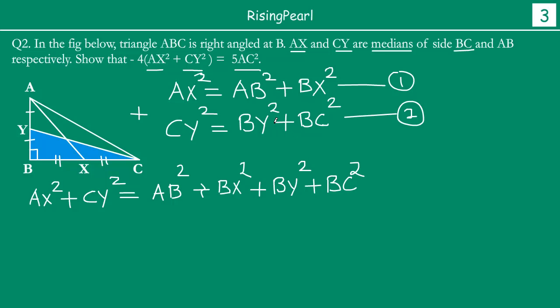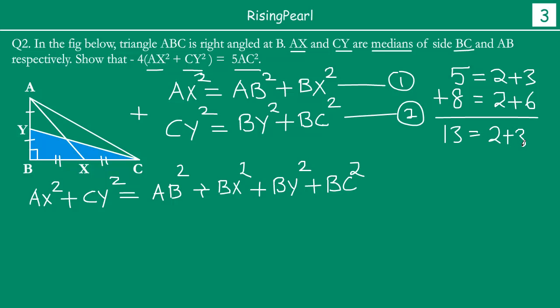So when you add two equations, you have to add the left hand side separately, equal to the right hand side. Just think about it this way. If you have the number 5 written as 2 plus 3 and you have 8 written as, say, 2 plus 6, if you add them, you have 13, which will be equal to 2 plus 3 plus 2 plus 6, which is 4, 2 plus 2 is 4, plus 6 is 10, plus 3 is 13.